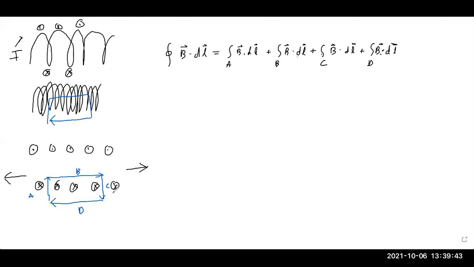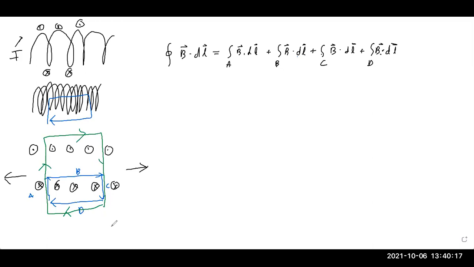And the argument for that is, what if there was a different Amperian loop? Like this. That Amperian loop does not contain any current.